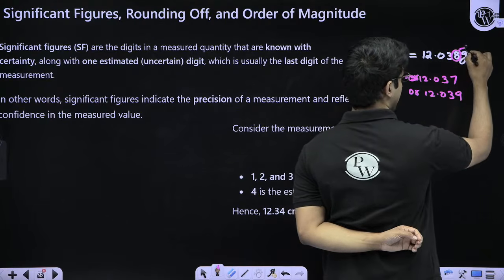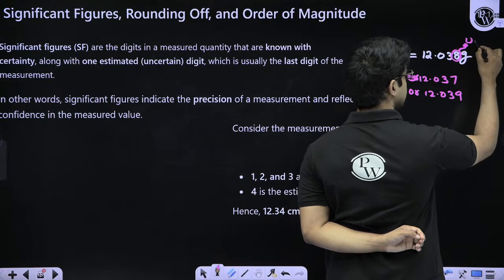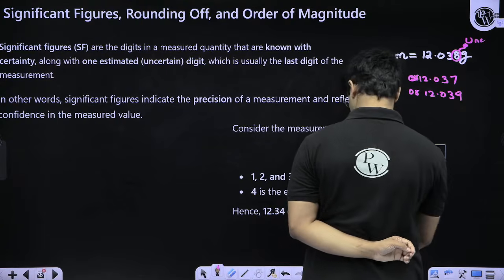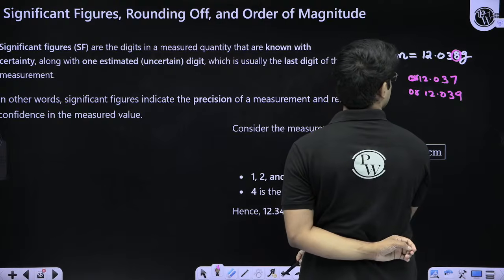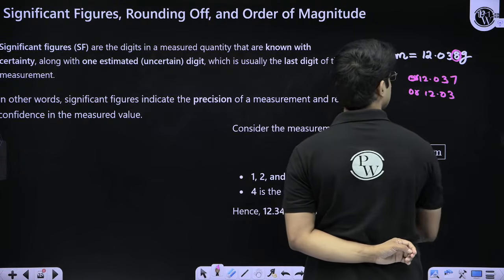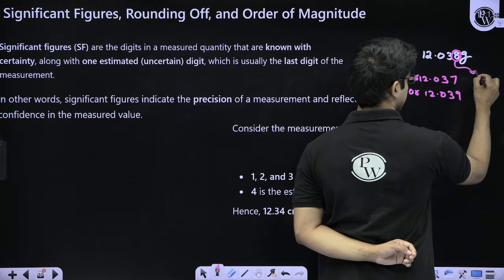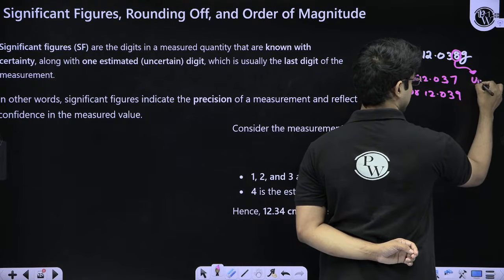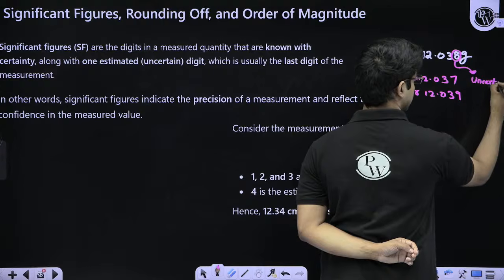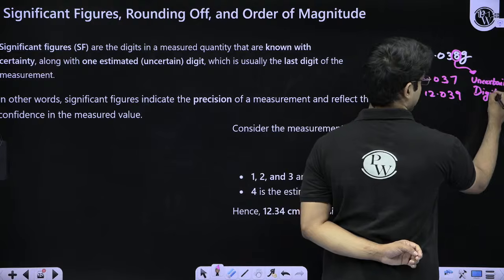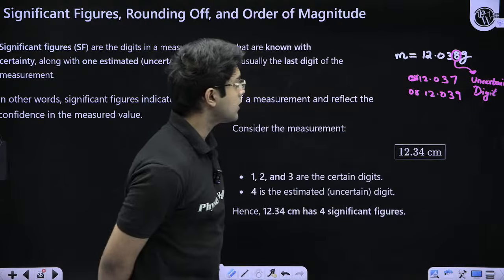So this last digit is what is called the uncertain digit, and the others are certain.